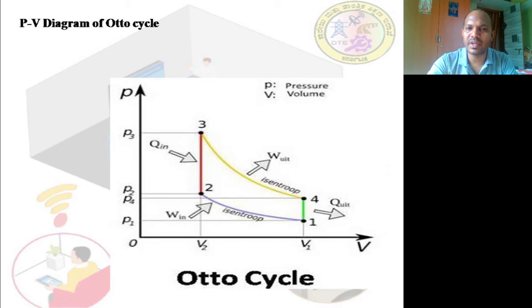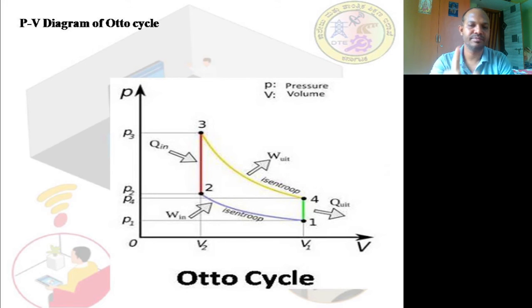This is nothing but a working stroke. From 2 to 3 it is a working stroke, wherein the heat will be added. The pressure rigorously increases, so that the piston moves downwards. So the pressure will be maximum at the end of the working stroke.